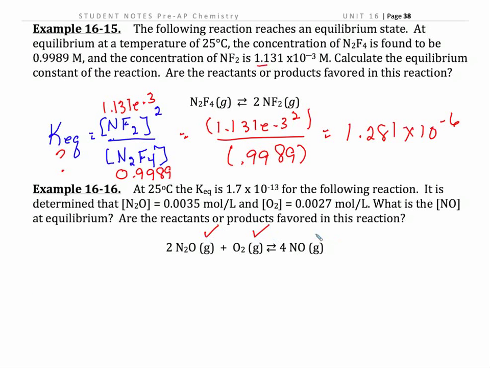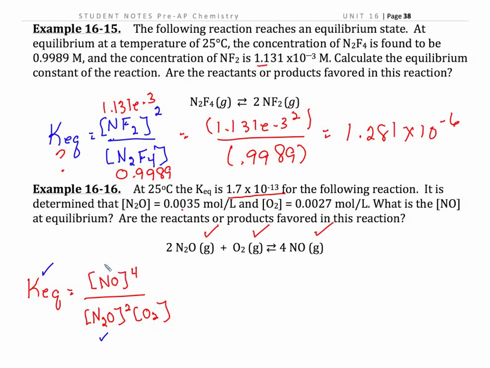Okay, let's take care of the next one. Let's see what we would put in it. That's a gas, that's a gas, that's a gas. So we're going to include all of those. So we'd get NO to the 4th over N2O squared times O2. Now, this time we are given KEQ, and let's check what we're given. We're given the N2O, and we're asked for the NO, and we're given the O2.